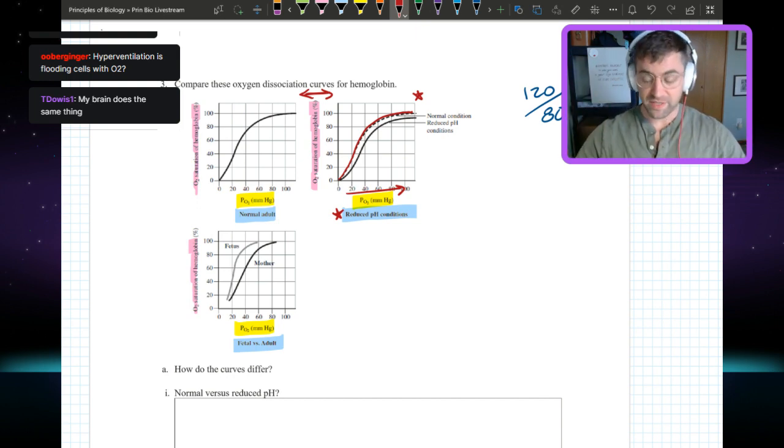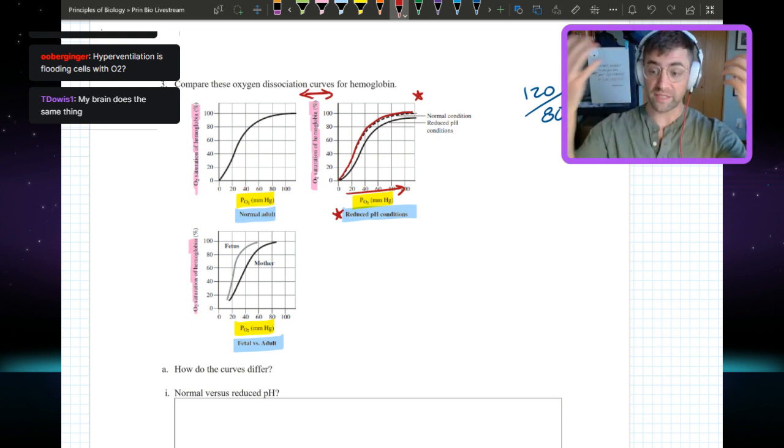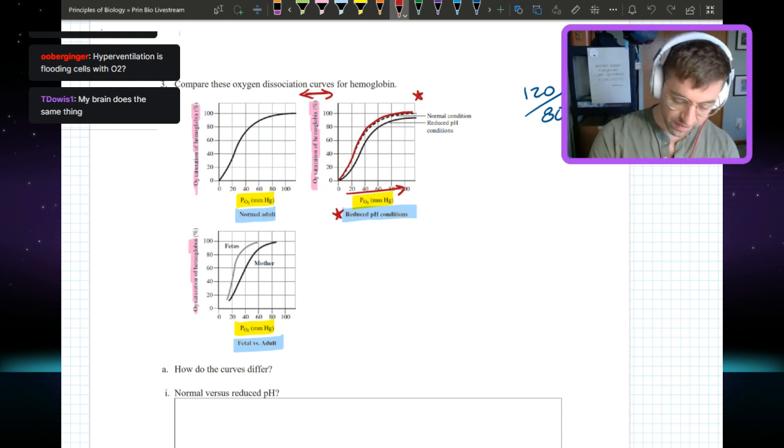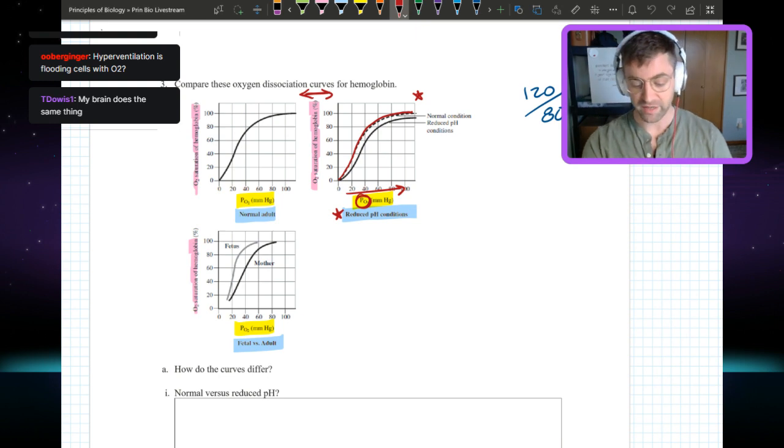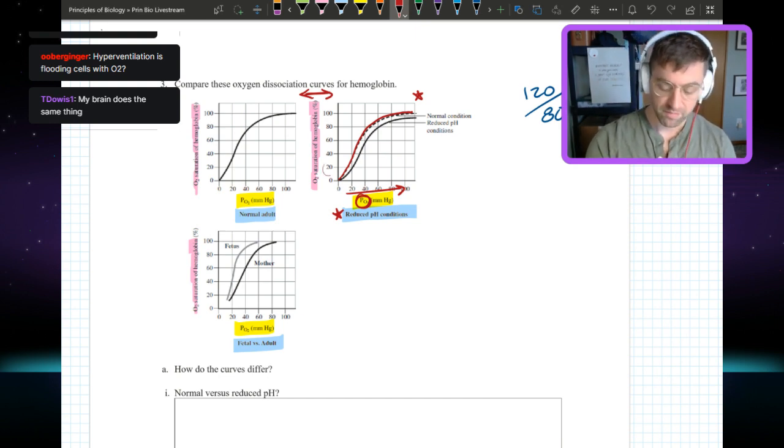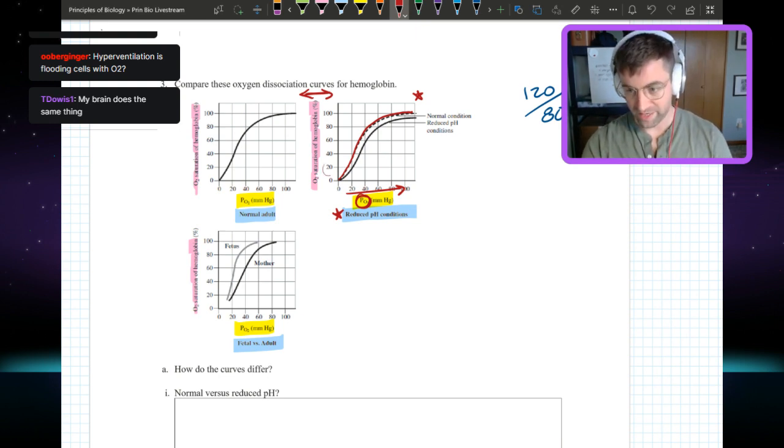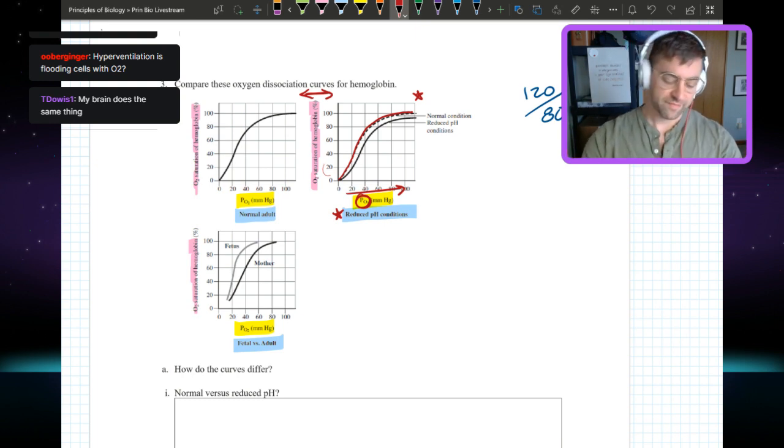That drops the pH of the blood. Hemoglobin changes conformation, releases oxygen, so we have an increased partial pressure of oxygen in the blood at the same percentage of oxygen saturation. Cool. So that's the top one.